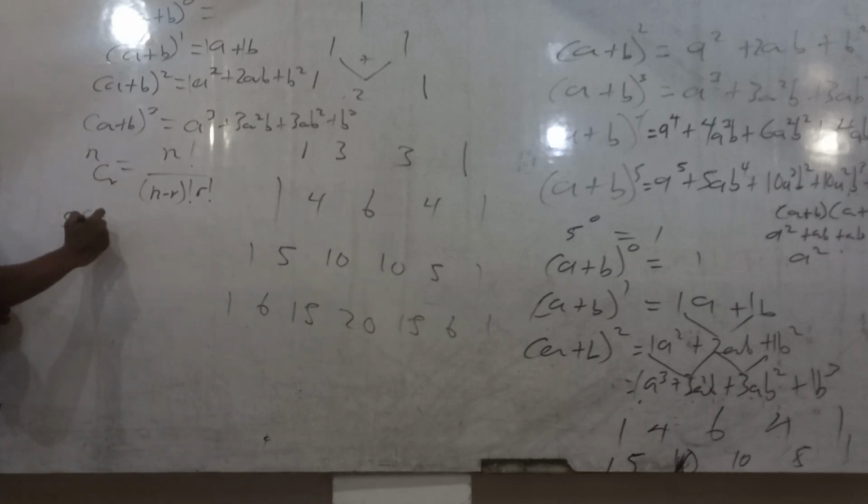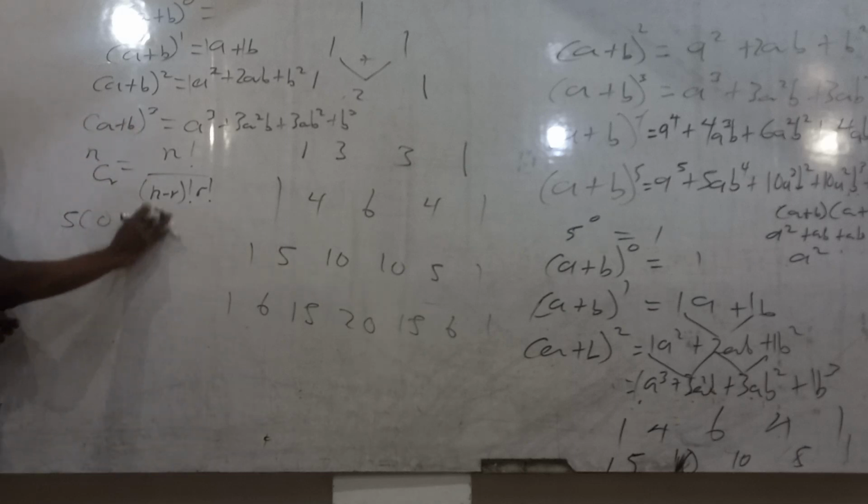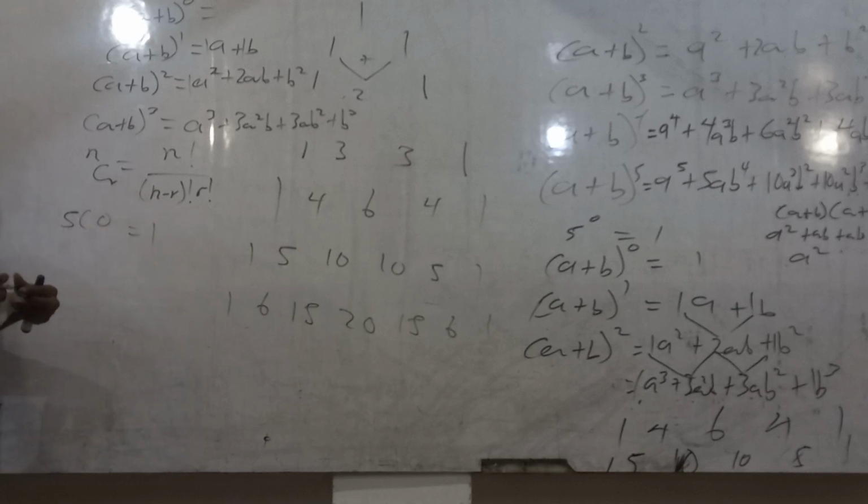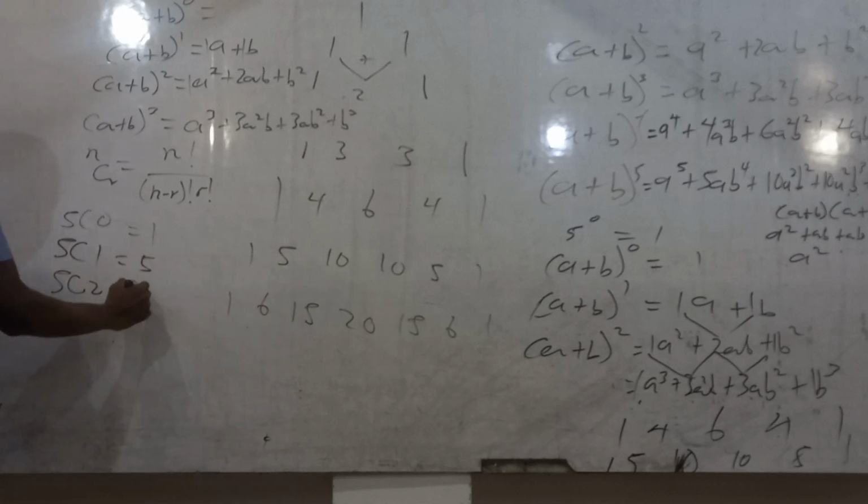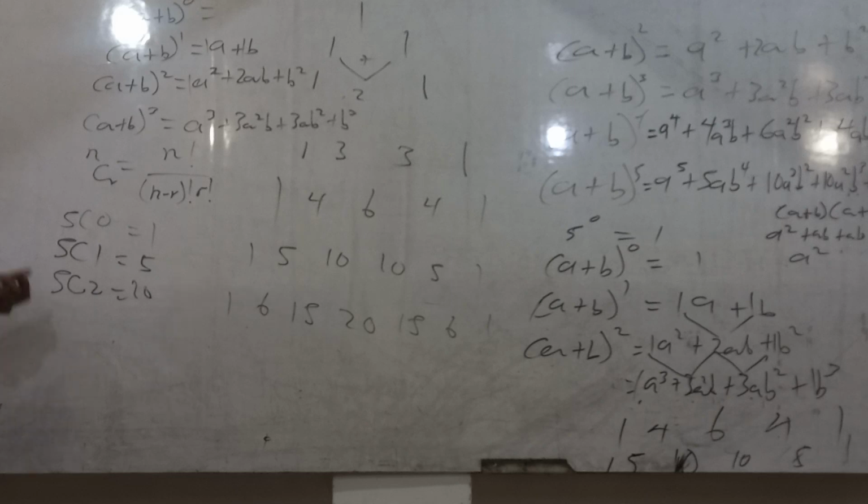When you press 5 combination 0 on the calculator, you should get 1. It's 1, right? 5 combination 1 should be 5, isn't it? 5 combination 2 should be 10. 5 combination 3 is 10. 5 combination 4 is 5. 5 combination 5 is 1.